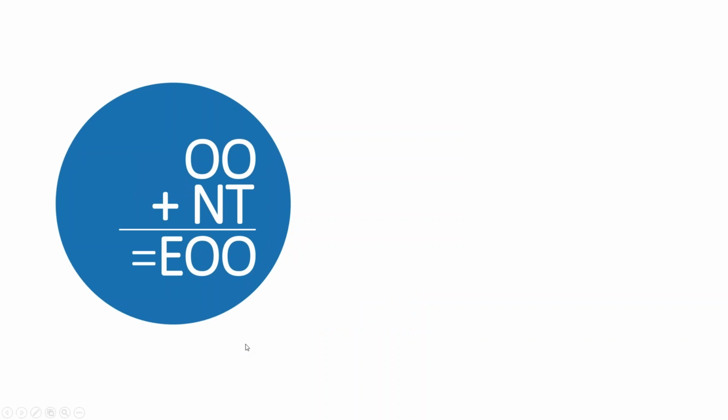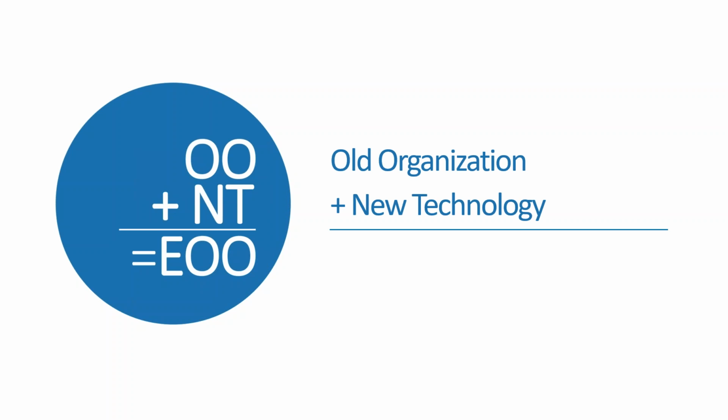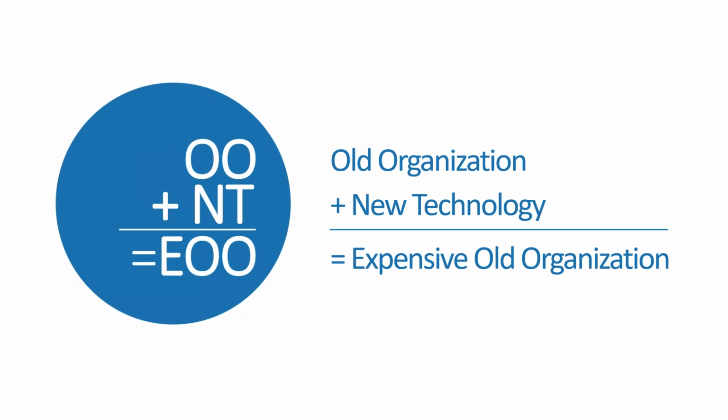I'd like to start out with just a brief thought, and we consider this to be the most important formula for nonprofit information management, and it's OO plus NT equals EOO. And that stands for old organization plus new technology equals expensive old organization.